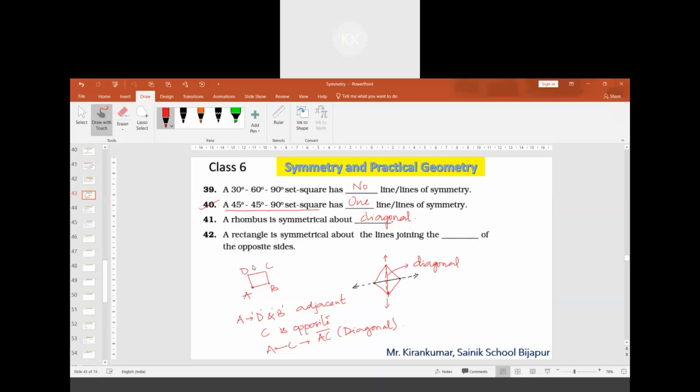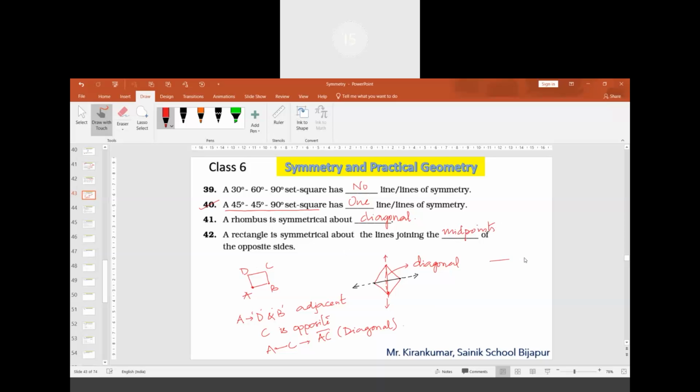Yes, sir. 42nd question: a rectangle is symmetrical about the lines joining the dash of the opposite sides. Diagonal, sir. It's the midpoint of the opposite side. Let me show you.